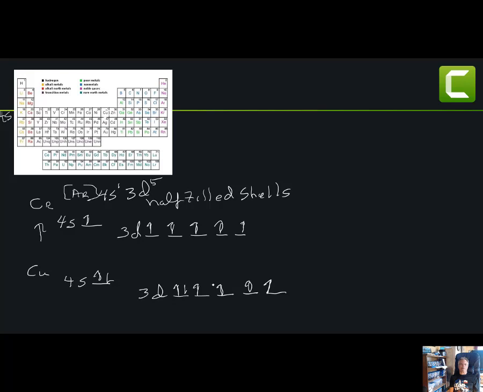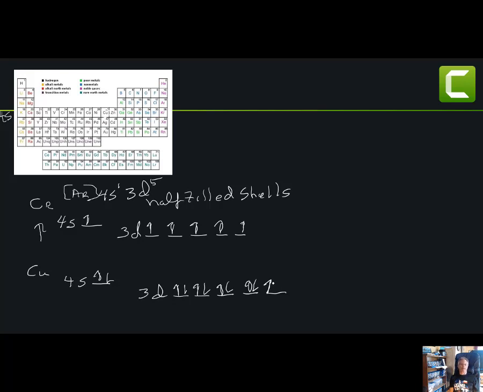Now we're obeying the Pauli exclusion principle. 2 electrons in each orbital, 1 spin up, 1 spin down, and we have a half-filled orbital down here. That is, we have an unpaired electron, which is not a particularly stable electron configuration.